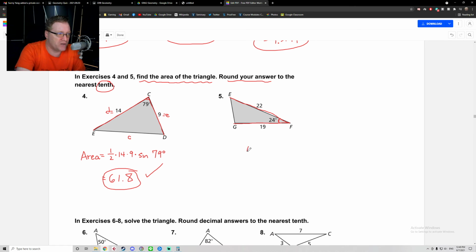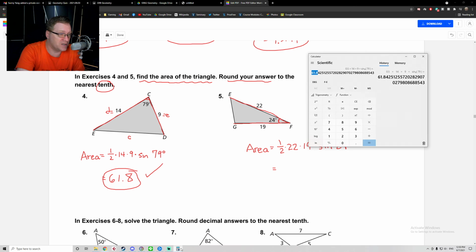So now we know that the area of this triangle is going to have to equal 1/2 times this side, which is 22, times this side, which is 19, and then times the sine of the angle between them, which is 24 degrees. Okay? So that's everything we need.